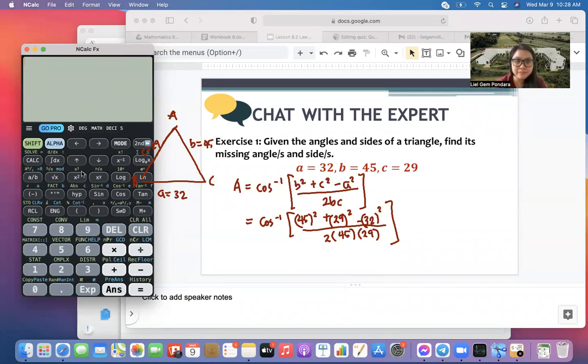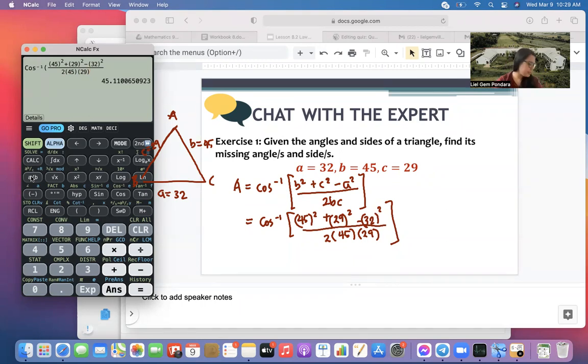So press shift, cosine. It's cosine to the -1. Then we have a fraction. Start with 45 squared plus 29 squared minus 32 squared over 2 times 45 times 29.